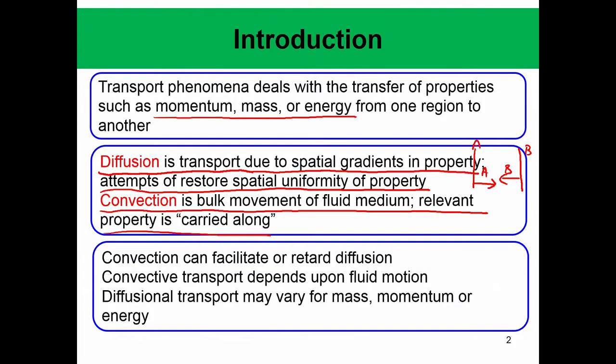Now convection can facilitate or retard diffusion, depending on the direction in which diffusion is happening with respect to the direction of the flow. Convective transport depends upon fluid motion, whereas diffusion really does not depend upon fluid motion.